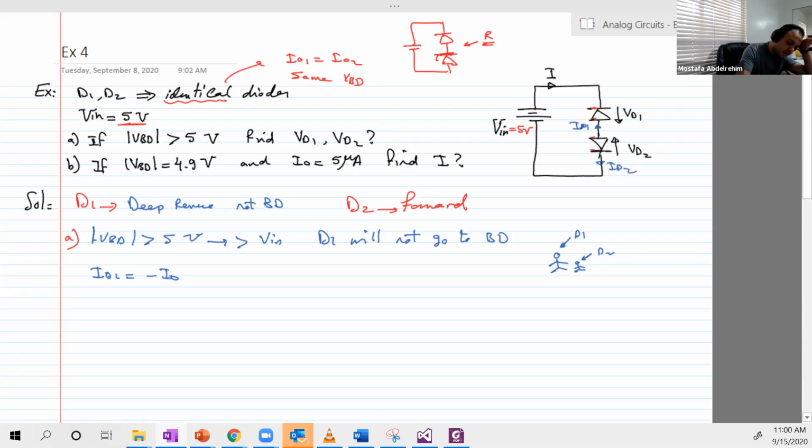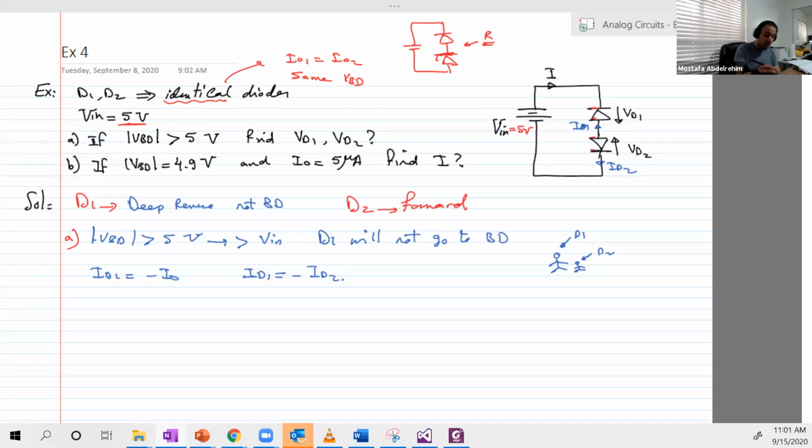We can have two currents, but they will be of opposite polarity, negative or positive. So from this circuit, from our assumption of the currents, ID1 is equal to minus ID2. They both have the same value, but since we are assuming them in different directions, one is counterclockwise and the other is clockwise.